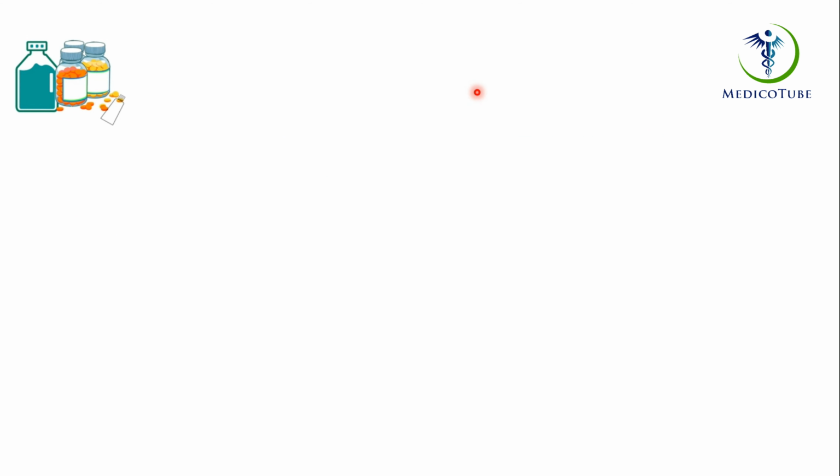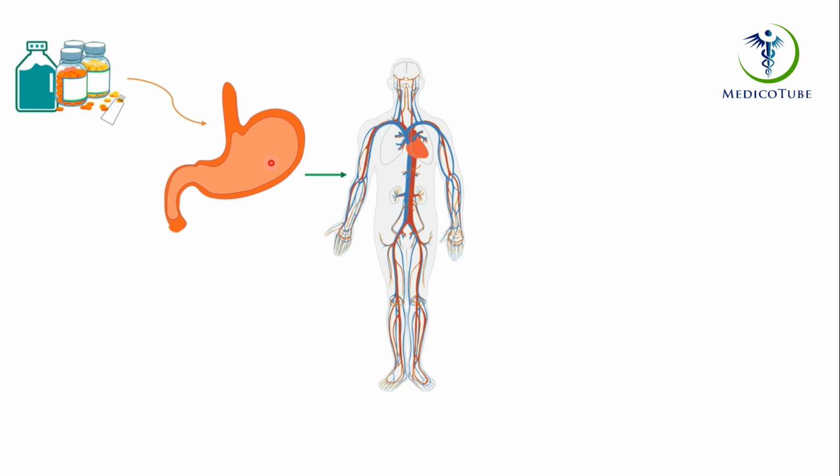First let's see a person getting a medicine, whether it is an ointment, a tablet, syrup, or capsule. We will take the example of a tablet or syrup. When you take it, it goes into the stomach and is absorbed from there, from the intestine or from the stomach. Simply you can say that the drug is absorbed from the GIT, and then it goes into the systemic circulation.